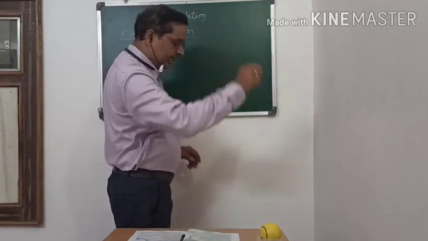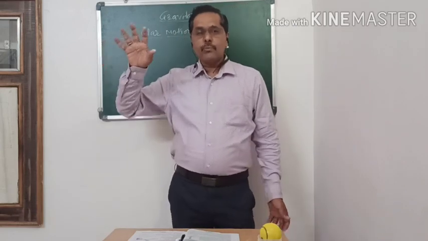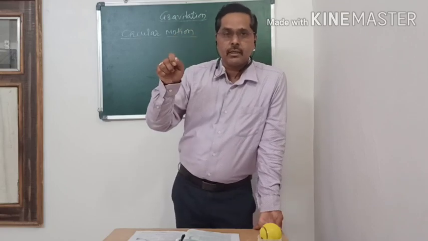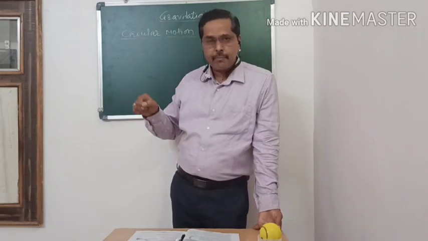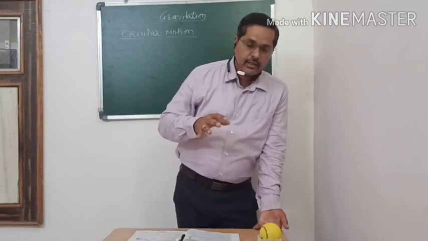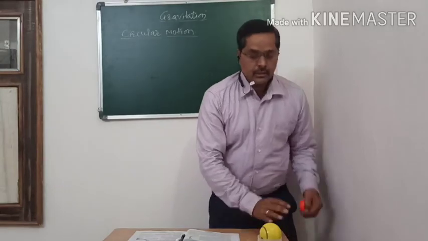If an object is moving around a particular center in a circular path, then it is circular motion. And let us see which type of force is acting on it.